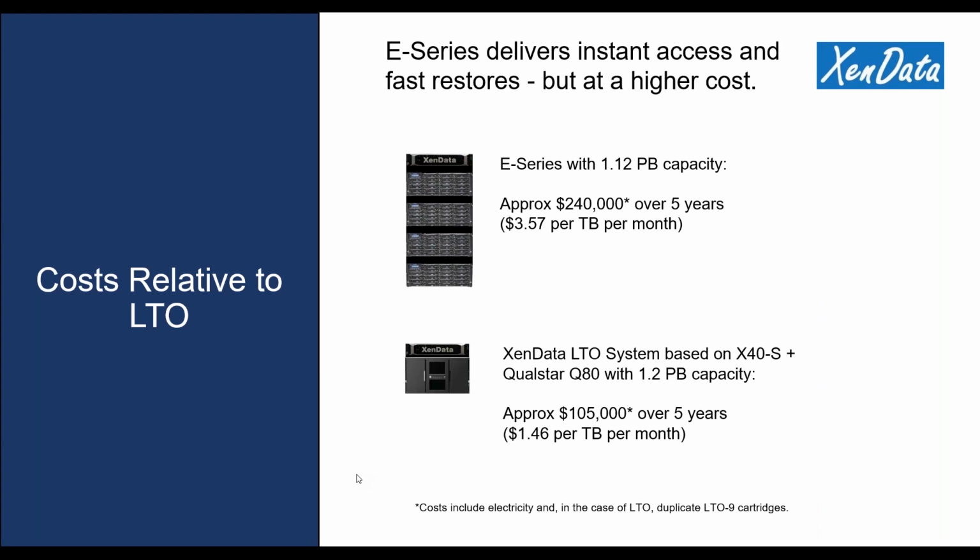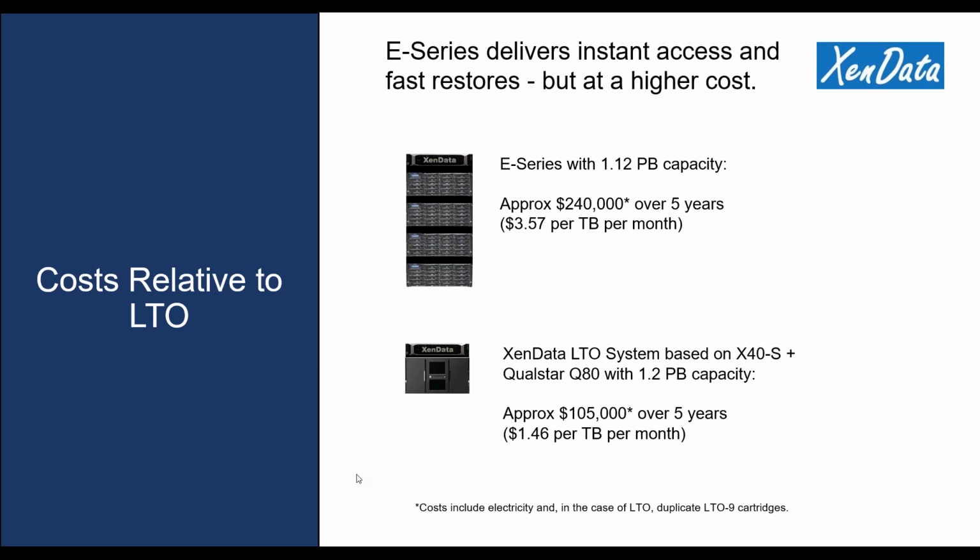In this slide, I'm comparing an E-series with a 1.12 petabyte capacity, so that's base system plus 3 extra nodes, with the cost of an equivalent LTO system. The LTO system is less than 50% of the cost of the E-series. In the case of the E-series, it includes the cost of electricity, likewise with LTO, but of course it takes a lot less power.